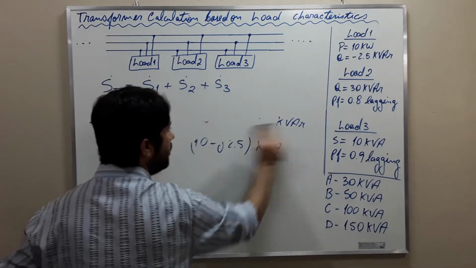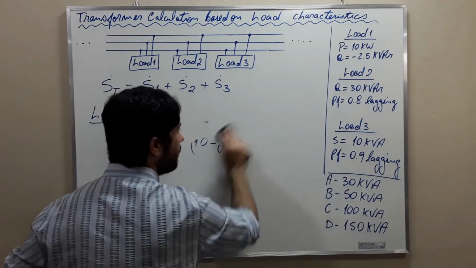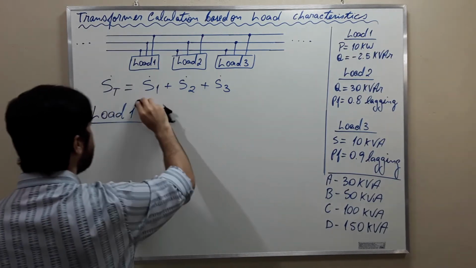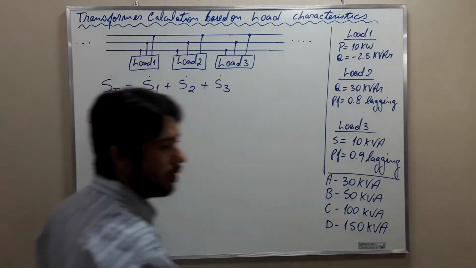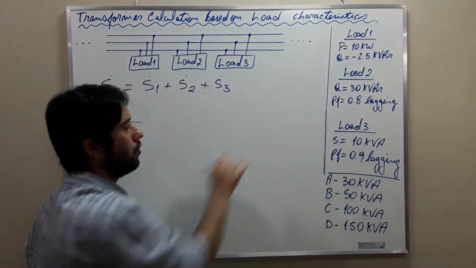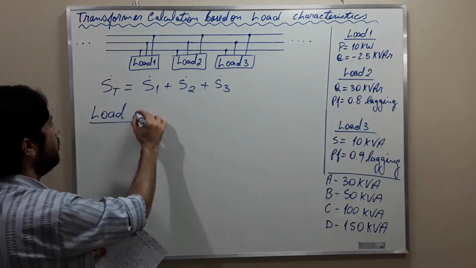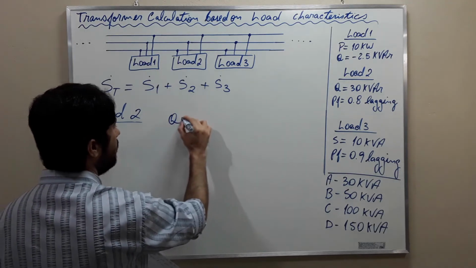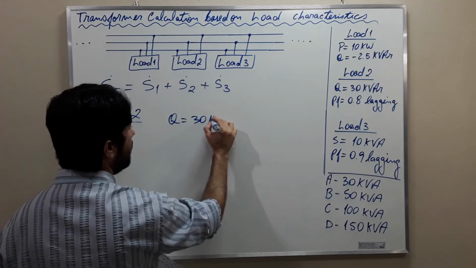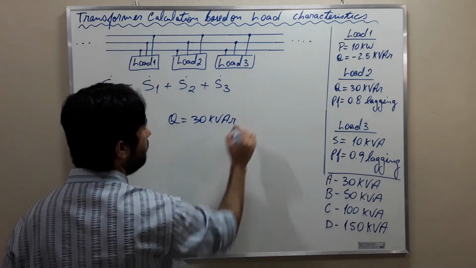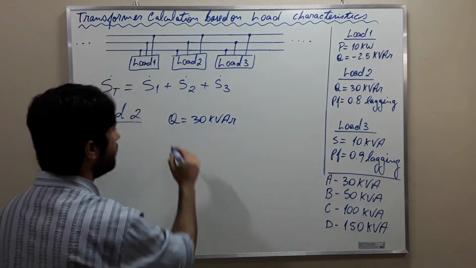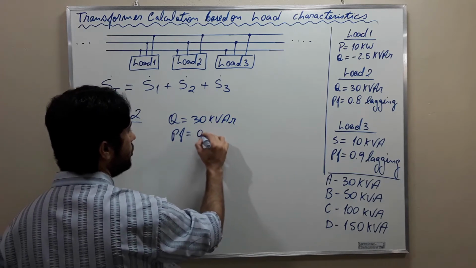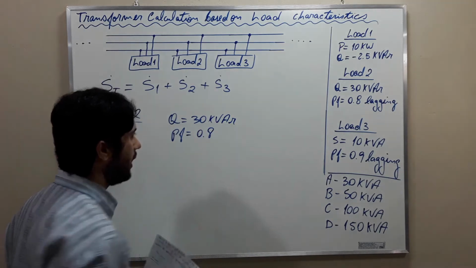I'm going to erase it here. Okay? And write for load number 2. As written in the table, for load number 2, we have that Q is equal to 30 kVAR, and that the power factor, PF, is equal to 0.8 lagging.